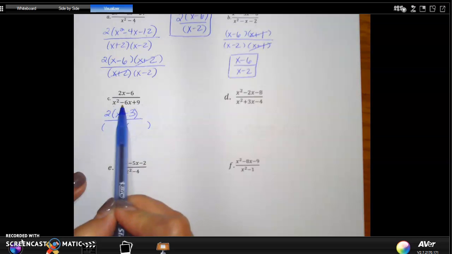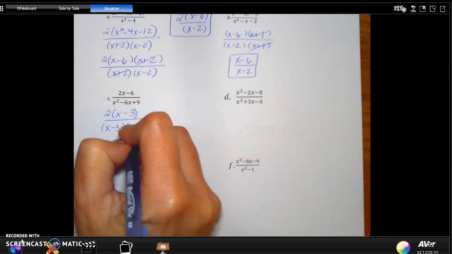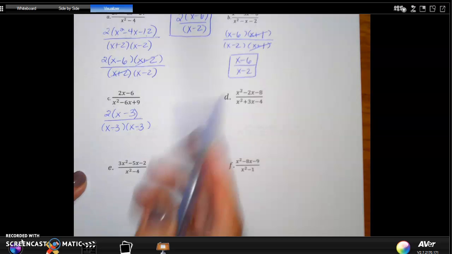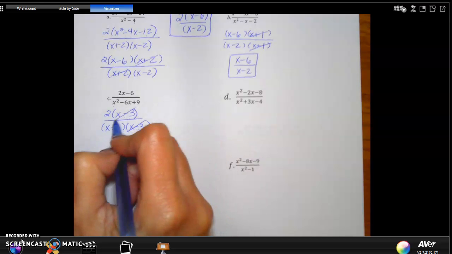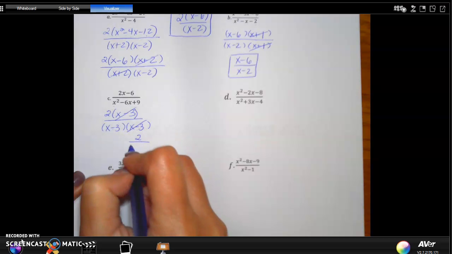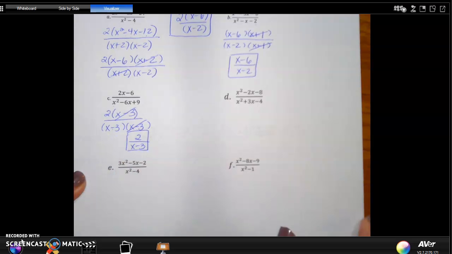Factors of 9 that get us to 6 are going to be 3 and 3. So both of those are going to be negative because we need the 9 at the end to be positive. So negative times a negative is a positive. We're allowed to cancel those 2 out. So that leaves us with the 2 up on top and an x minus 3 on the bottom. So we would be done with that problem.